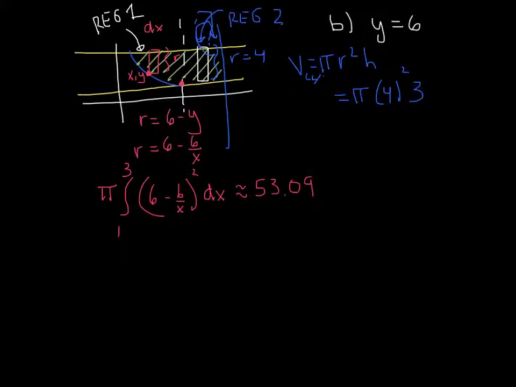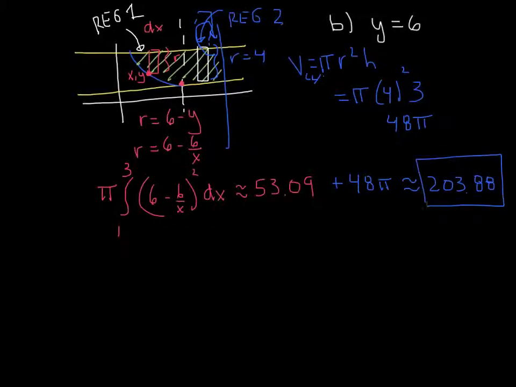And so you're going to end up getting 48 pi as the volume of that second region. So when you add 53.09 to 48 pi, you end up getting approximately 203.88. And that is the volume rotated around the horizontal line y equals 6.